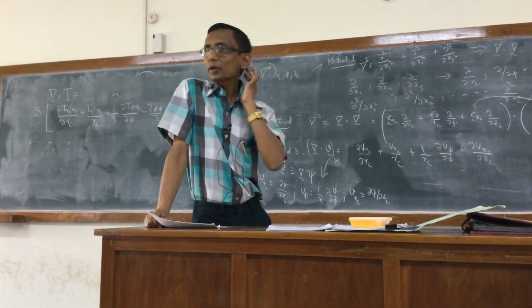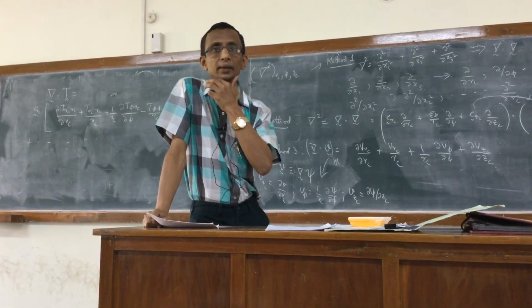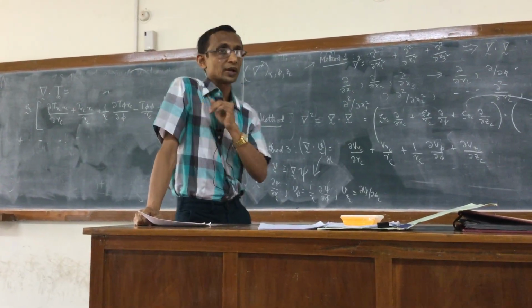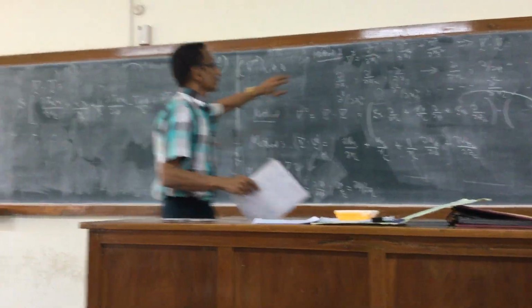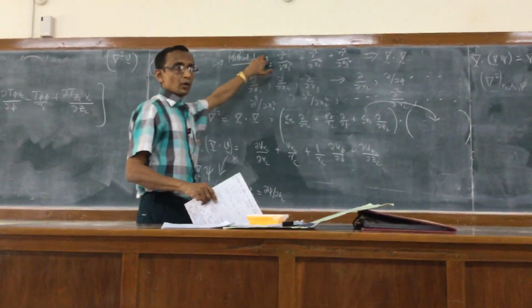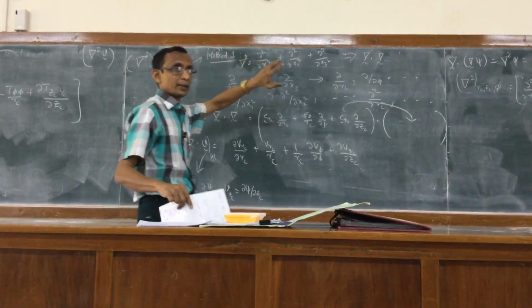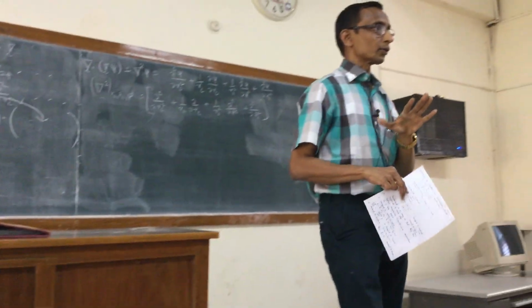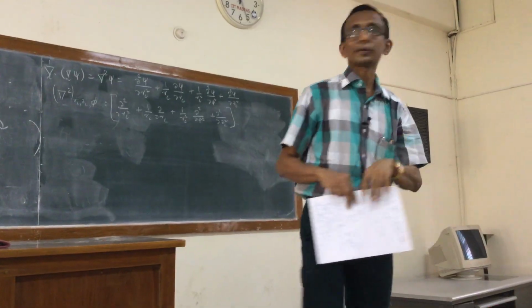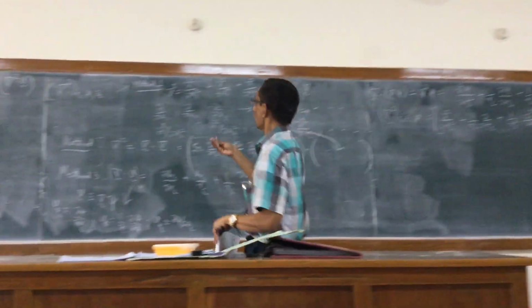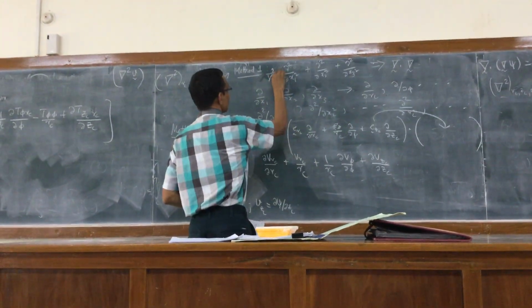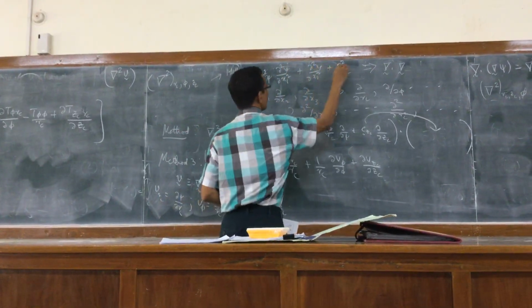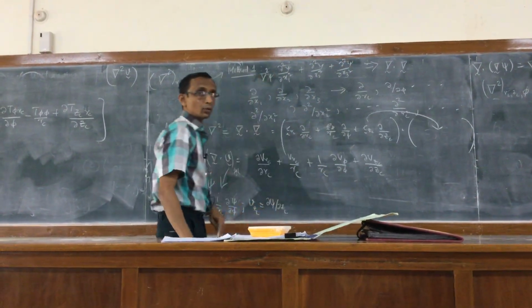So now having got this, I can get the Laplacian of the vector field. What you have to remember is that the Laplacian of a vector in rectilinear coordinates is almost similar to the Laplacian of a scalar. Do you know how to write the Laplacian of a scalar in rectilinear coordinates?